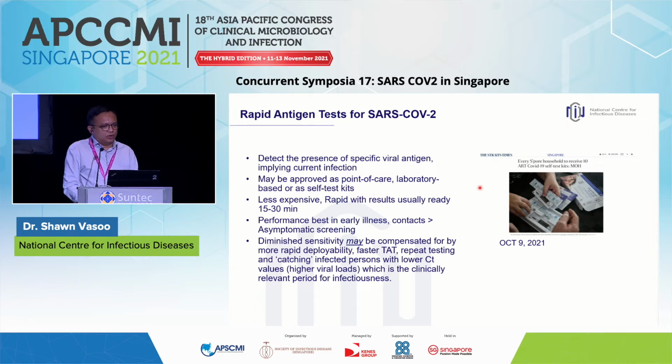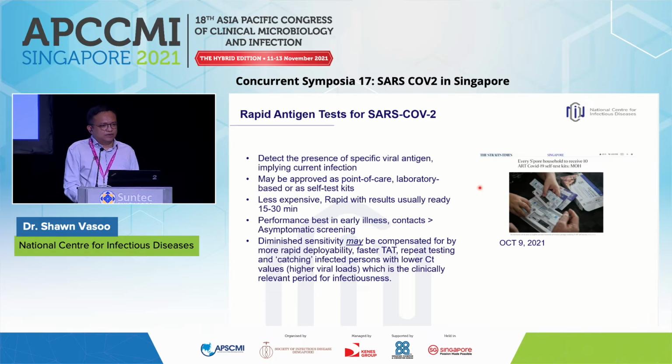And while we had a very strong emphasis on the need for PCR confirmation, in this phase we have started moving on in many parts of the world, and especially, for example, in Singapore, where we may not be able to test everyone on a PCR in a timely fashion, then rapid antigen tests are a good way to consider because they are less expensive. The results are ready usually within 15 to 30 minutes, and they can be deployed very easily to be performed by healthcare workers or patients themselves.